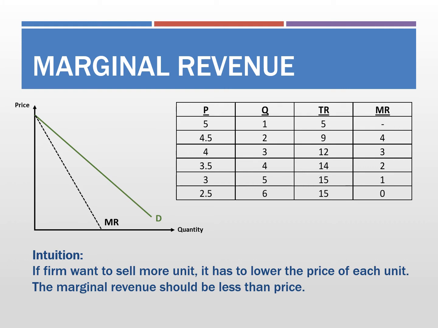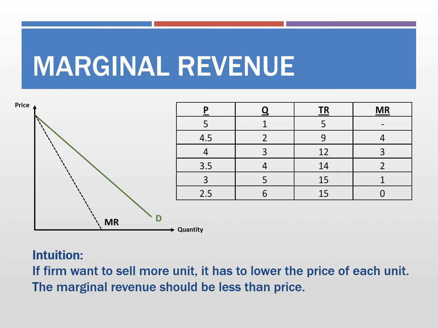As you can see, the marginal revenue in this case does not equal the price, as we saw in the perfectly competitive market case. The marginal revenue curve is going to be downward sloping, and it will always be under the demand curve. The intuition here is that if the firm wants to sell one more unit in the market, it has to lower the price for each unit it sells.